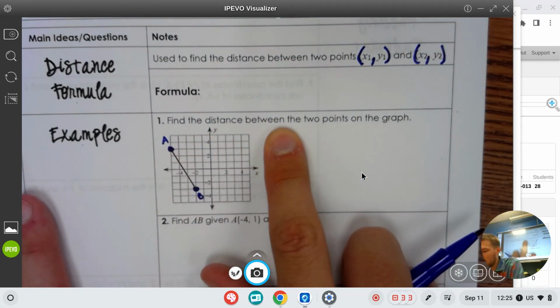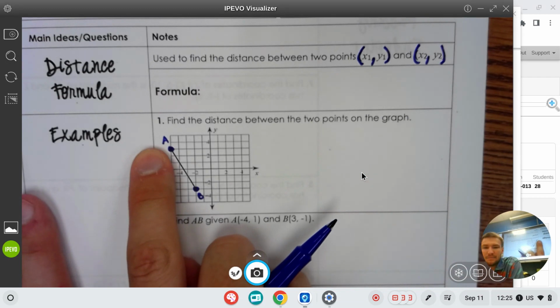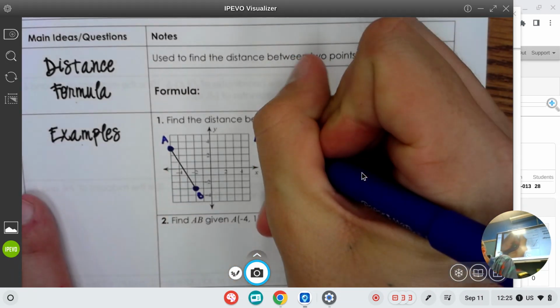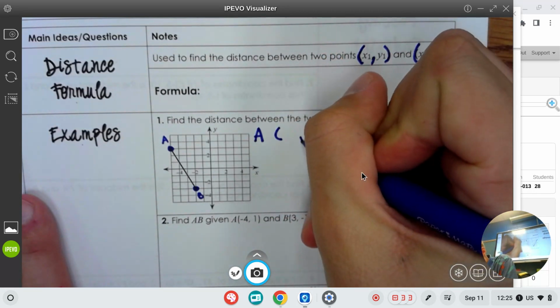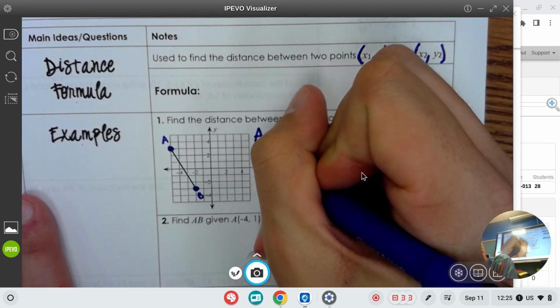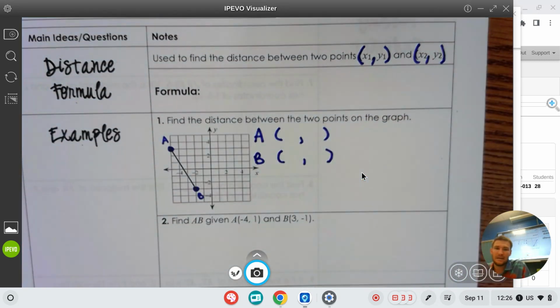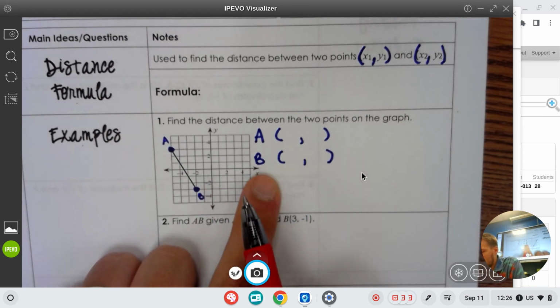Find the distance between the 2 points. I labeled mine A and B. We're going to have to figure out the actual mathematical coordinates of these points, A and B. This is something that we did in Algebra 1, literally on the very first day that we ever talked about a graph. How do you find the coordinates?